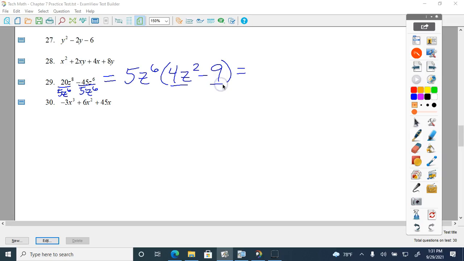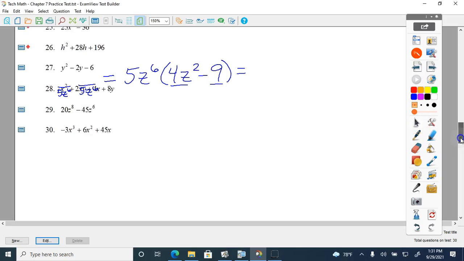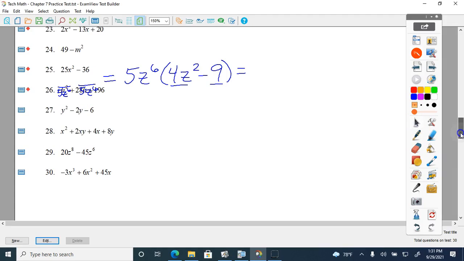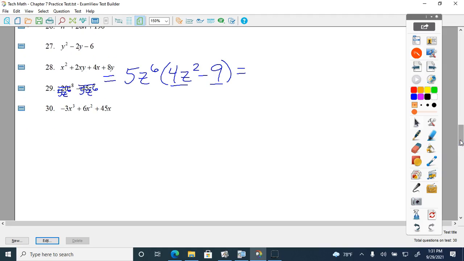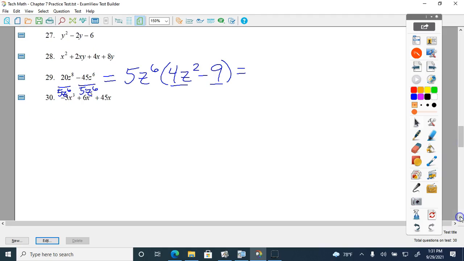These are both perfect squares. So we do them just like we did earlier on number 24 and 25. Okay, do the same process as number 24 and 25.